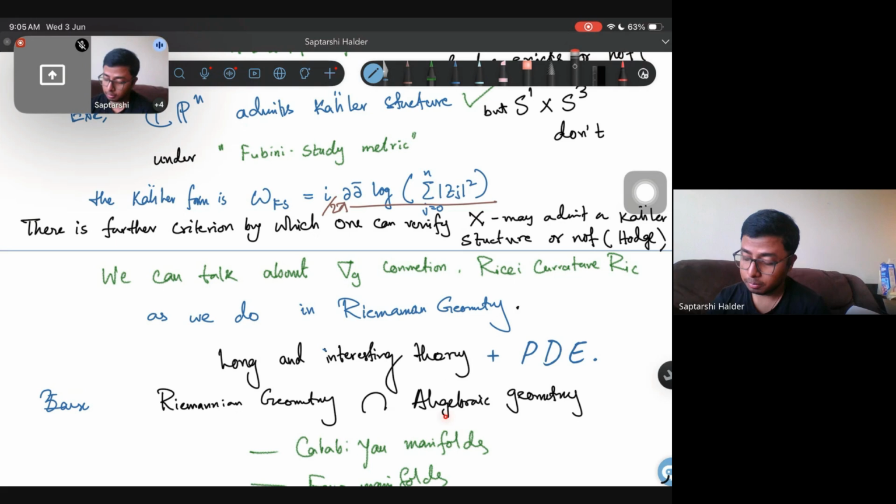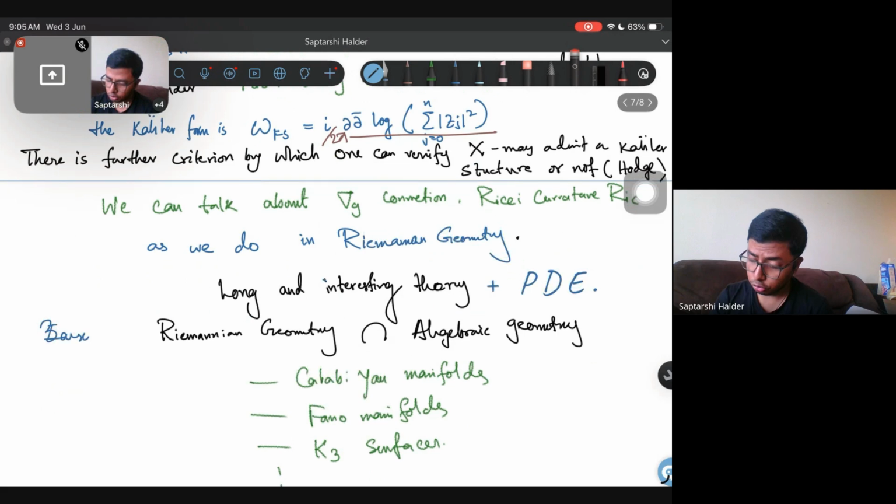But there is also some research in the direction of algebraic geometry, where we are more interested in sheaves, categories, and those things. So there are two ways of studying these things, but essentially it turns out to be topology. In both cases we are studying the topology, but in a different way.